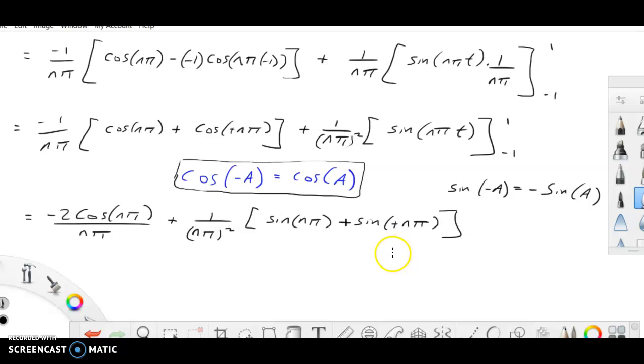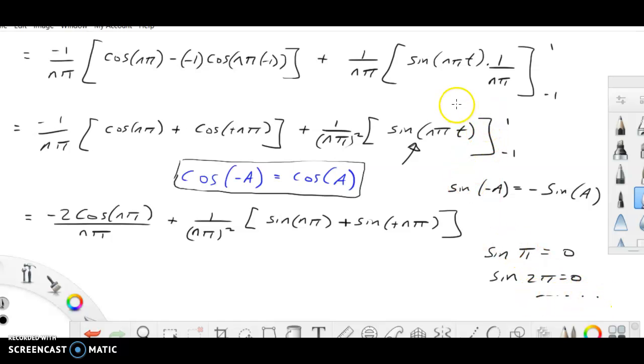Yeah, I suppose I could stop you there and go back up to here and say the sine of any multiple of pi. No matter what number goes in for n, from n equals 1 upwards, you're going to have sine 1 pi, sine 2 pi, sine 3 pi. So sine pi equals 0, sine 2 pi equals 0, and so on.